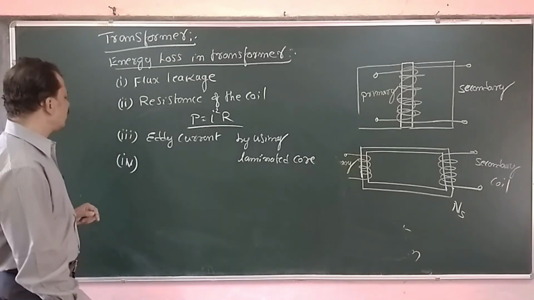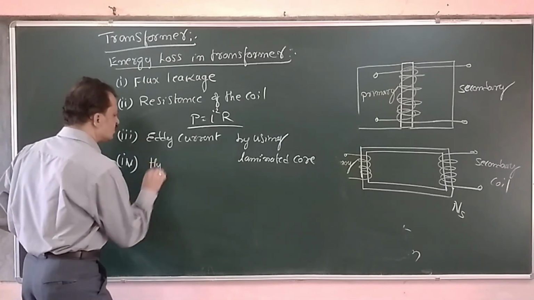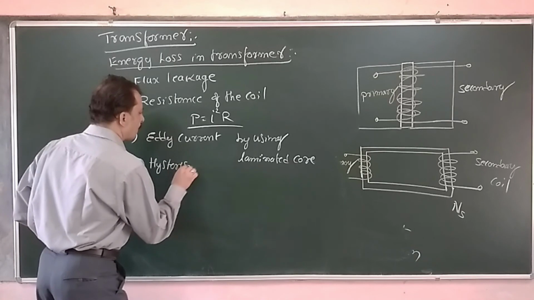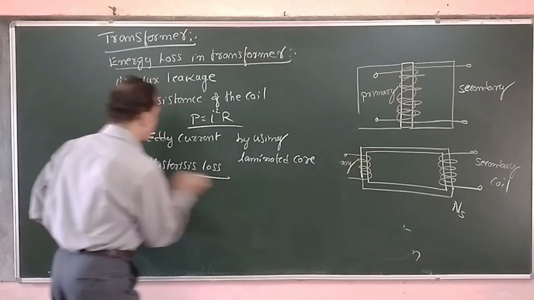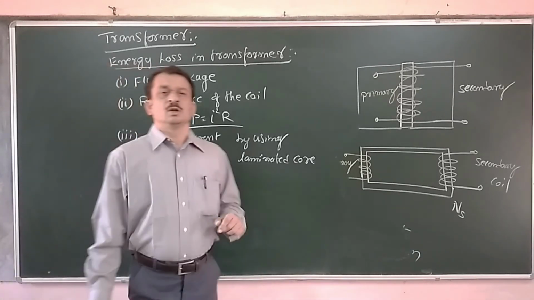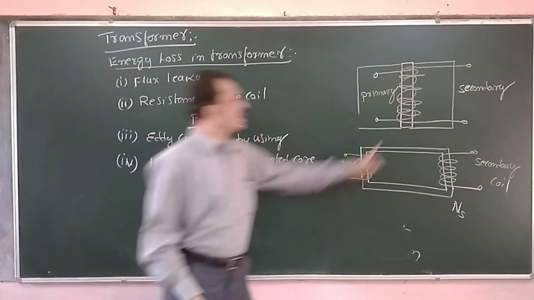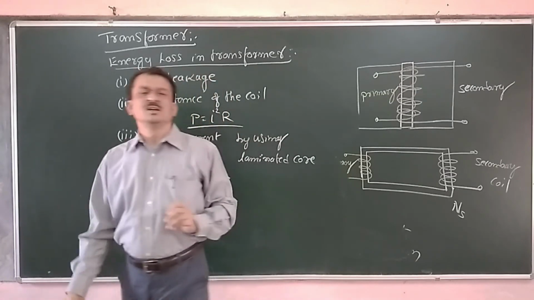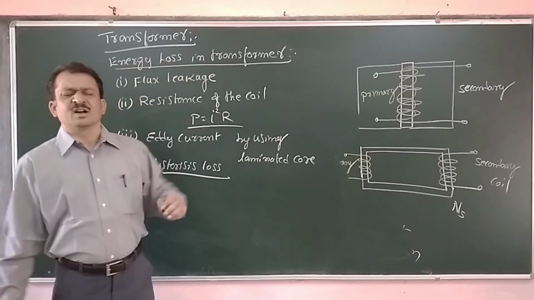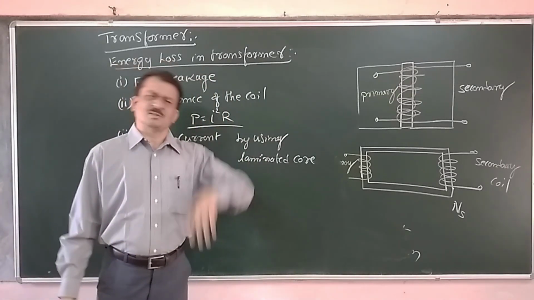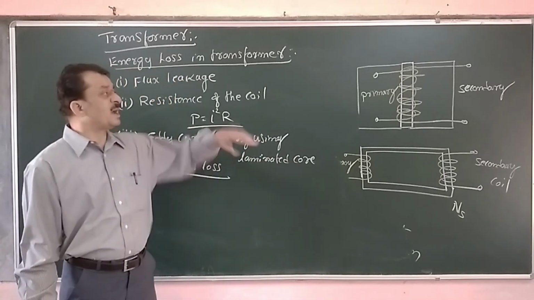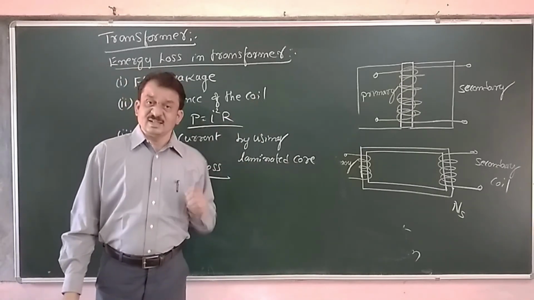And the last, fourth way, that is hysteresis loss. Loss of energy due to hysteresis. Since we have a core inside the coil, that core is continuously magnetized, demagnetized by the applied AC.